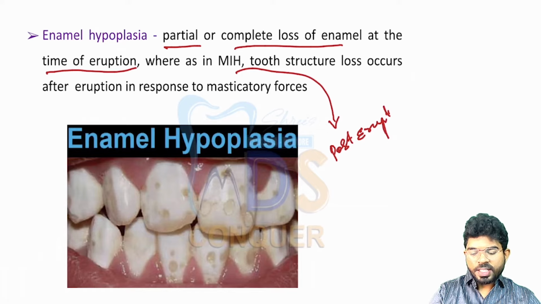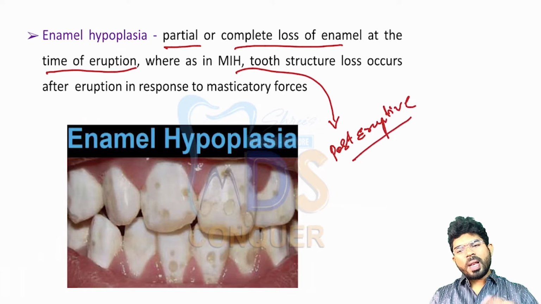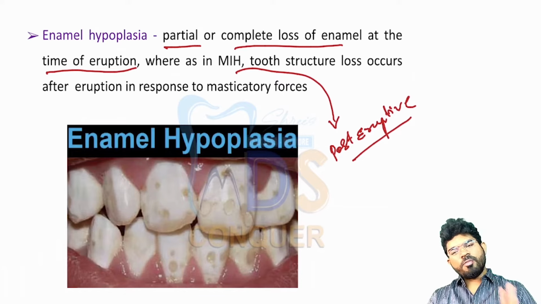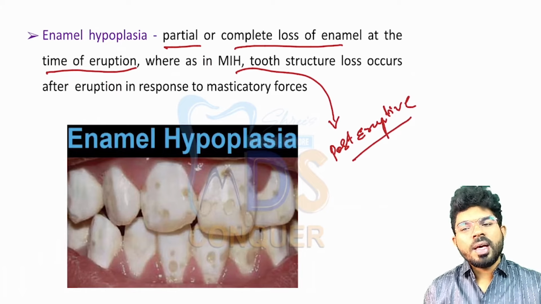Means the individual will have a normal enamel, and over a period of time during the mastication process, MIH will be detected. Whereas enamel hypoplasia will be seen at the time of birth or during the time of eruption, and you can diagnose it then.